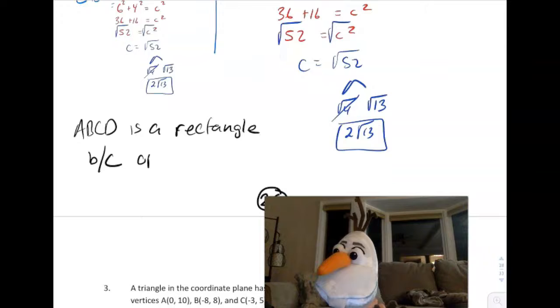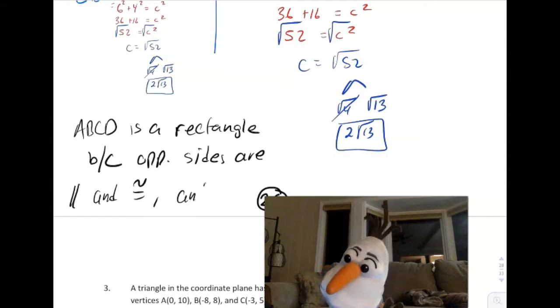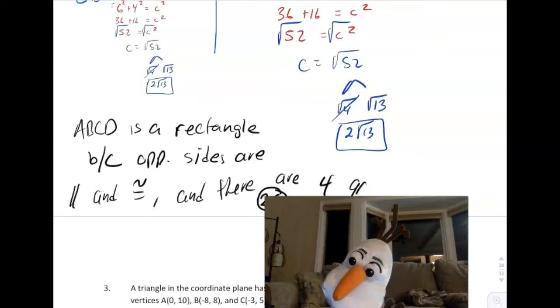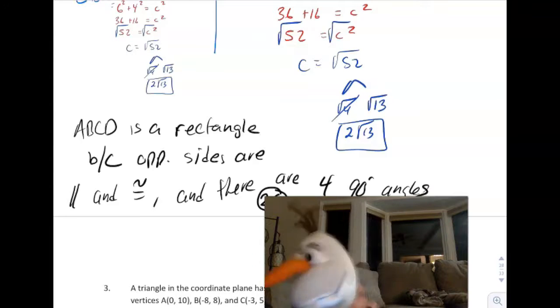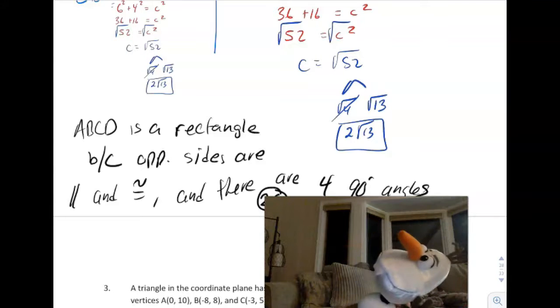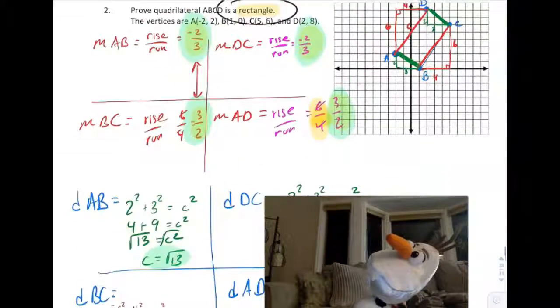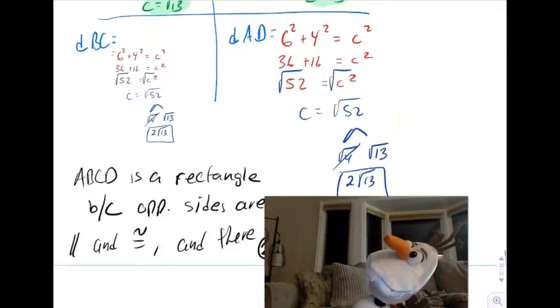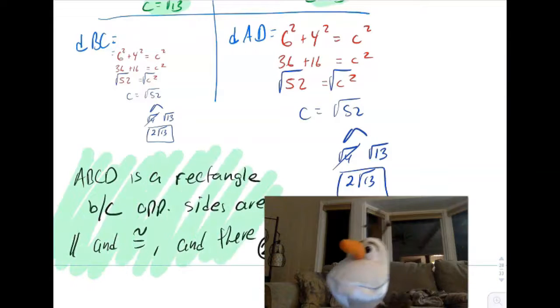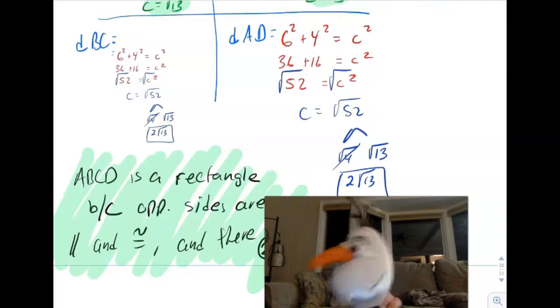So because opposite sides are parallel and congruent, and there are 4 90-degree angles, and you have work up there, that shows that you knew how to do that. So 4 slopes, 4 distances, we had the perpendicularness right there, and we had a concluding statement that explains why our work makes sense. So that's a coordinate proof from start to finish, and we'll work on that the rest of the week.